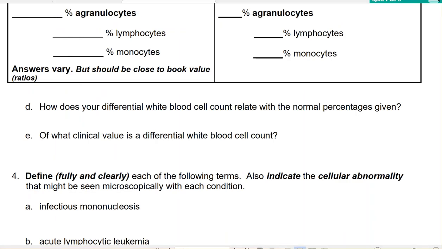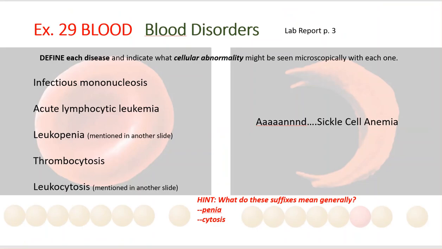After you fill out your values from your differential count up here, you're going to answer some questions about typical diseases and disorders of the blood that might be indicated by those tests. You have about 6 different diseases here that you have to talk about. One hint is to look at the words, just like knowing how muscle names tell you a little bit about where that muscle is.